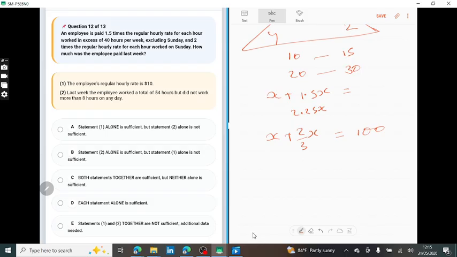Let's say 40 hours are regular, so 14 remain, because 14 plus 40 is 54. But how do we allocate this time?